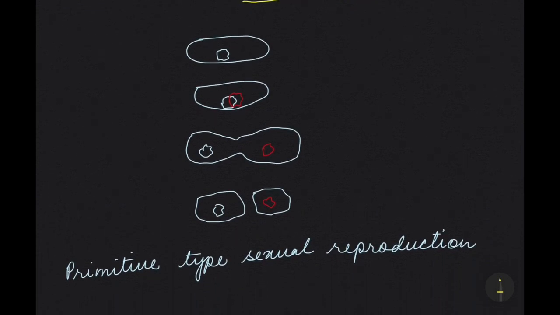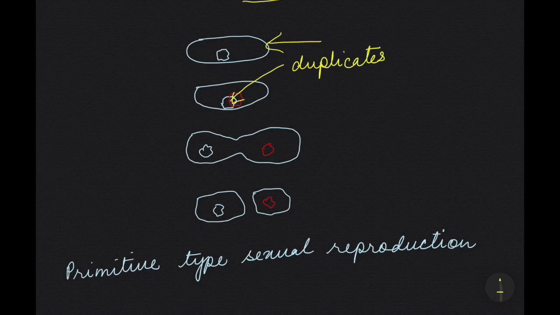So what happens is, in the bacteria, the nuclear material right at the center duplicates, becomes 2, okay, and the cell expands and the 2 DNA are pulled apart.